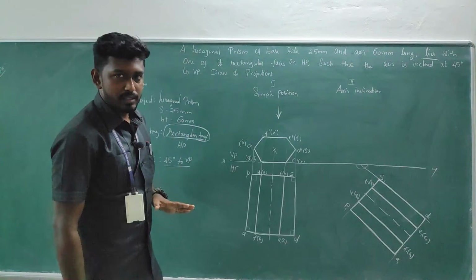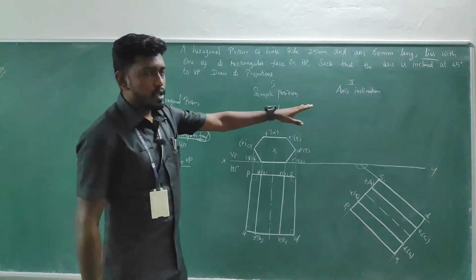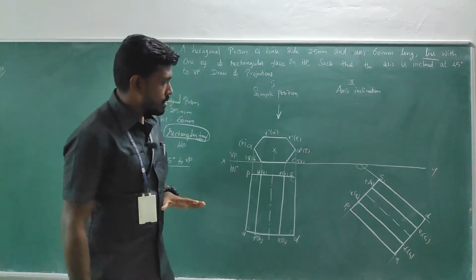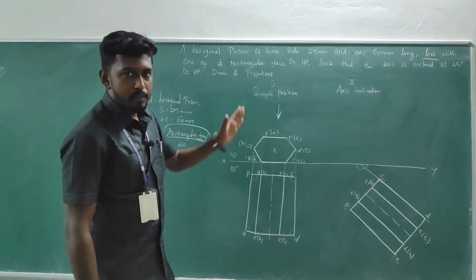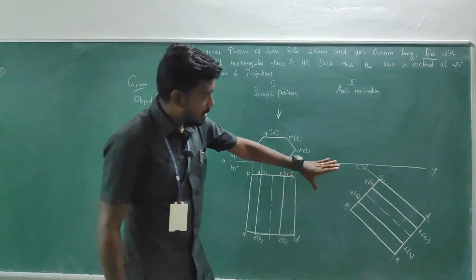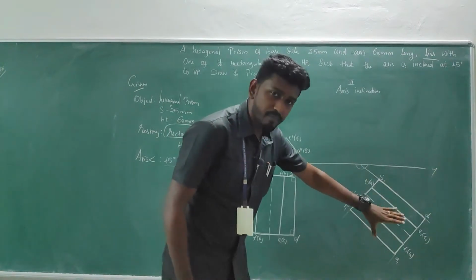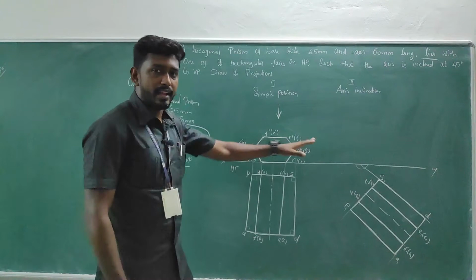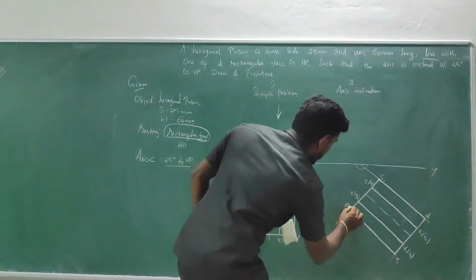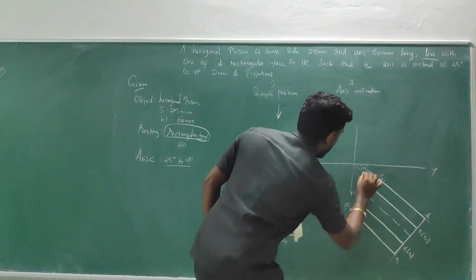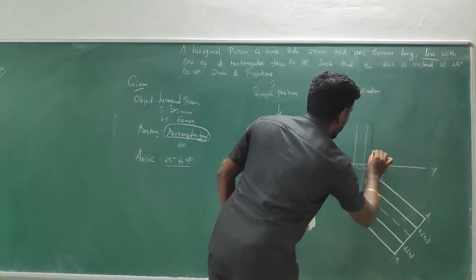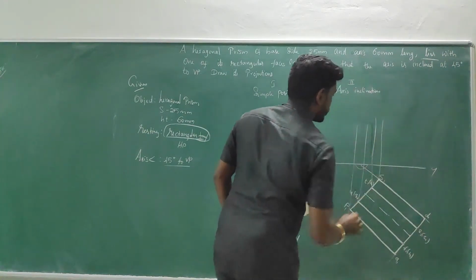Okay, completed. And next, the final step, the final front view, that can be captured by getting the projectors from the corners of the front face and the rear face, as well as from the previous stage get the horizontal projectors. So the projectors will go like this.